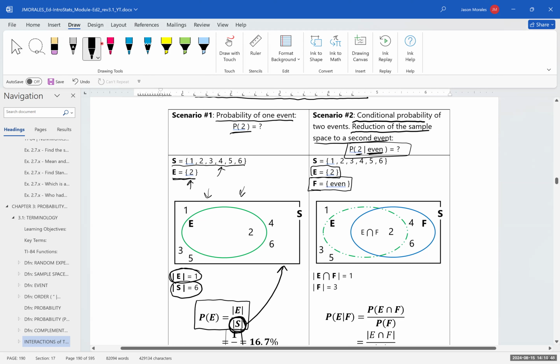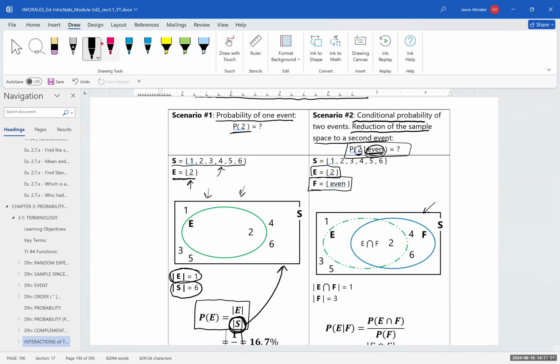All right. So since we're looking at the probability of 2, given that an even result occurs first, our sample space is going to shrink down to that of event F.